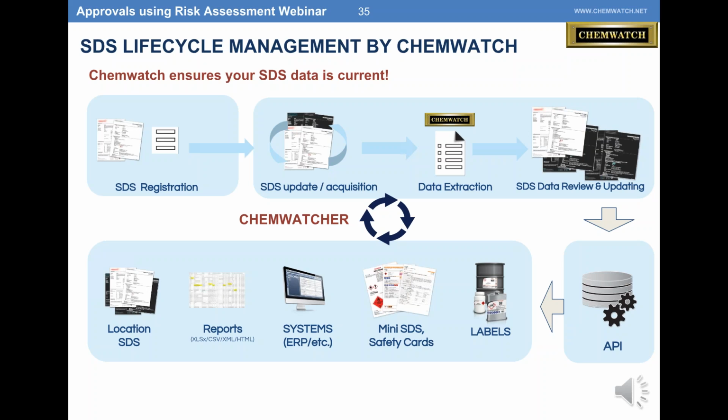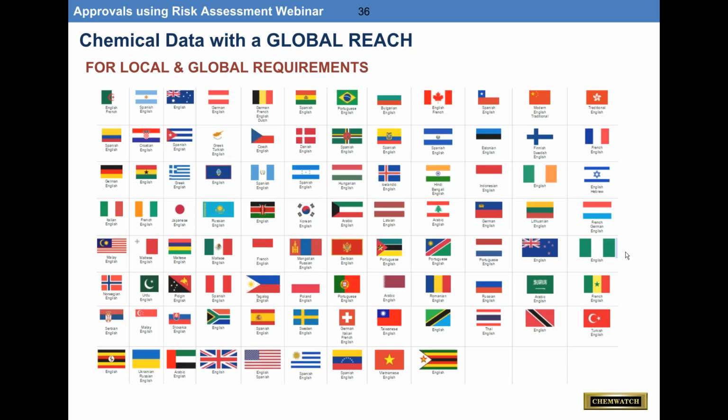We didn't talk about those. People love our mini SDSs. We can feed that data into other systems. So there's a lot we can do, including generating a risk assessment. All that power hinges from the SDS, and we basically take that over for you. We just take that issue right out of your hair, so you can focus on other important things to your business other than keeping track of all the SDSs.